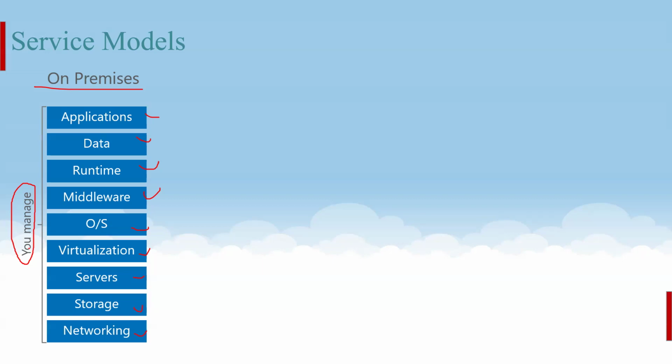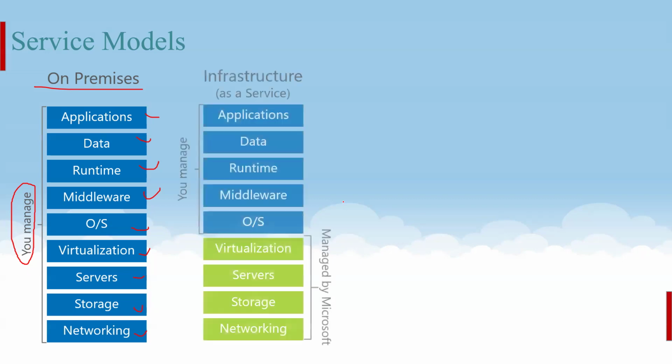But when you go to the cloud, the first service model is IaaS, infrastructure as a service. When you go for infrastructure as a service, network, storage, servers, and virtualization will be taken care of by Microsoft. You need not take care of anything there.